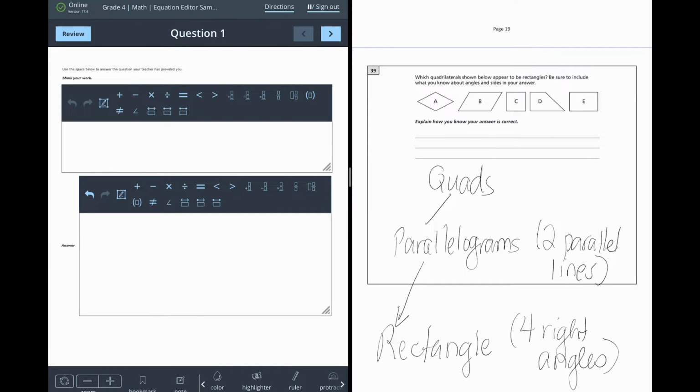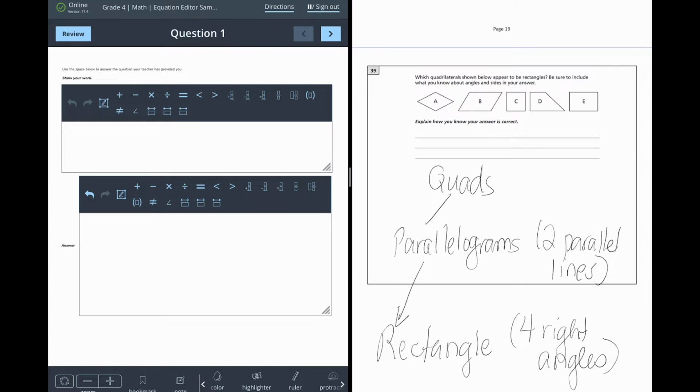So this isn't the entire part, but I want you to be able to see this is my thinking when I think about quadrilaterals. They're all quadrilaterals, but now I'm looking for which ones are parallelograms, meaning I have 2 sides that will never touch, like in B, those 2 sides will touch, and these 2 lines will also not touch. So B is a parallelogram, but it can't be a rectangle because it doesn't have right angles.